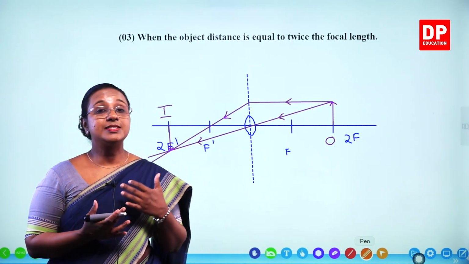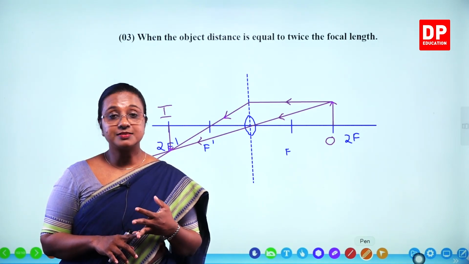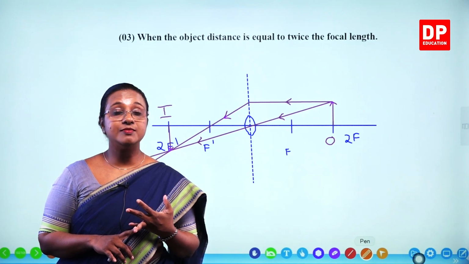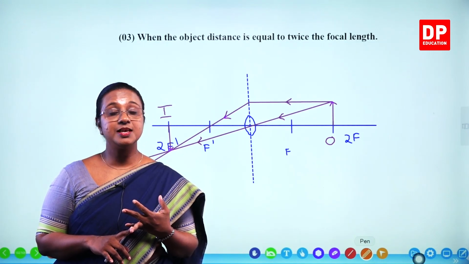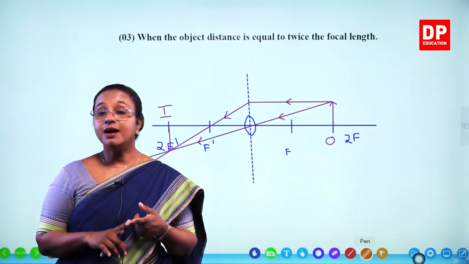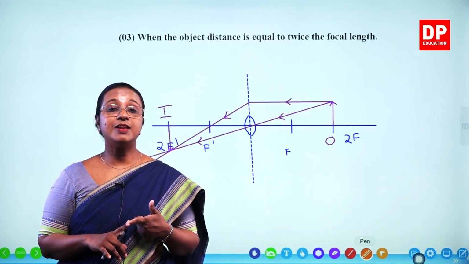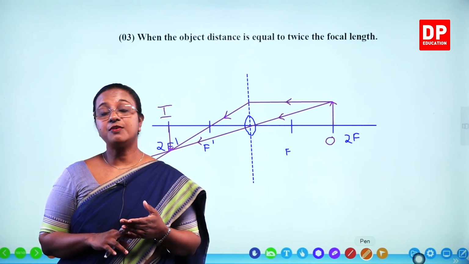So now we started off the lesson with plane mirrors, then we discussed curved mirrors, concave and convex mirrors and their uses. Then we discussed what refraction of light is. After that, we discussed total internal reflection and applications of that.